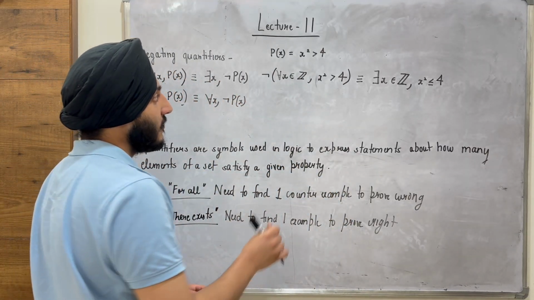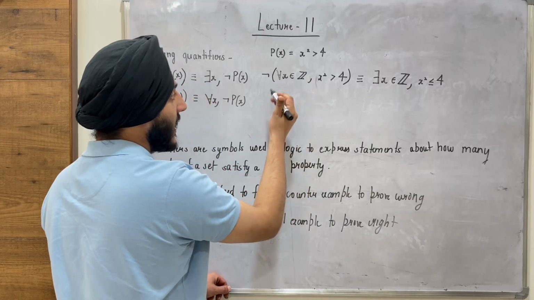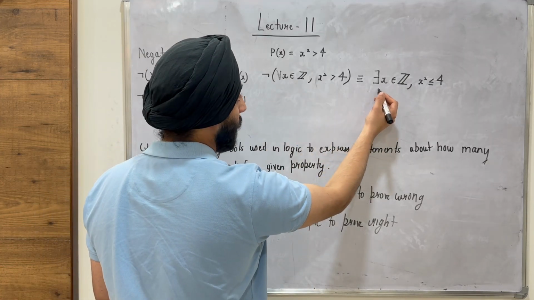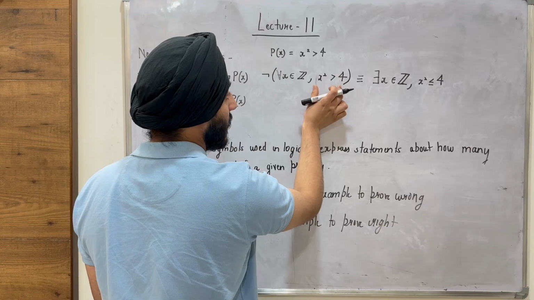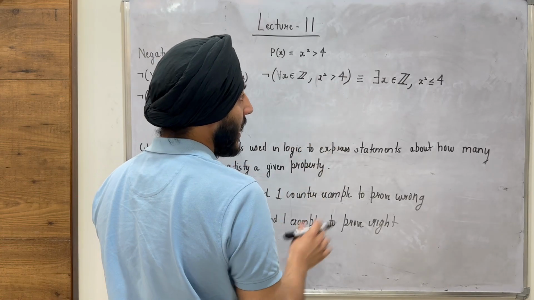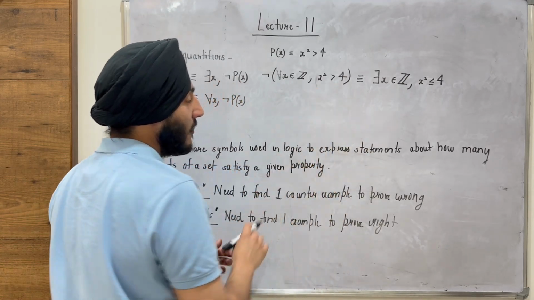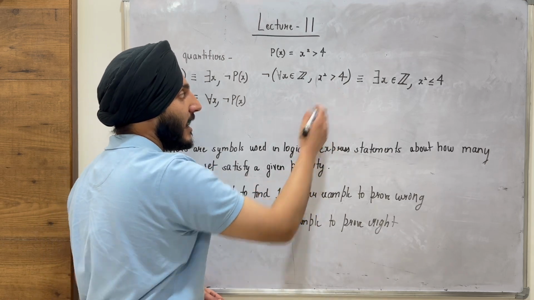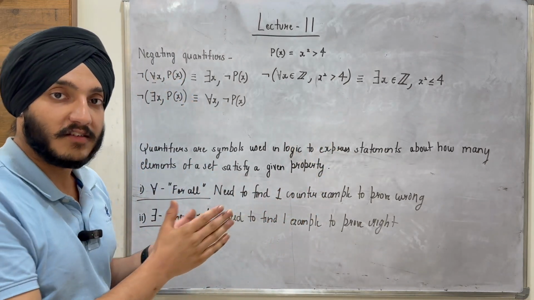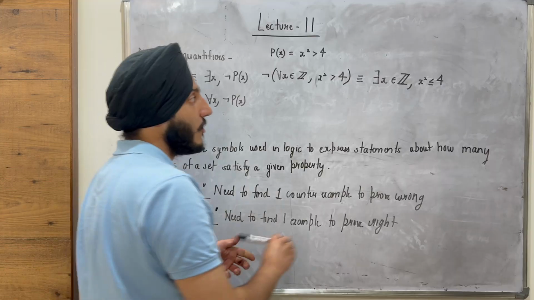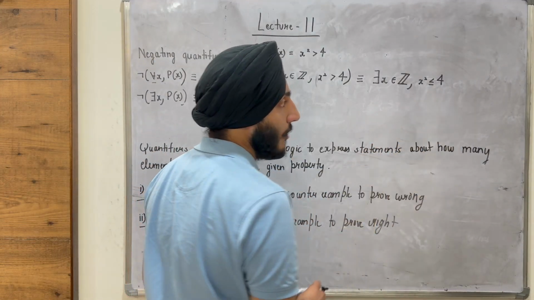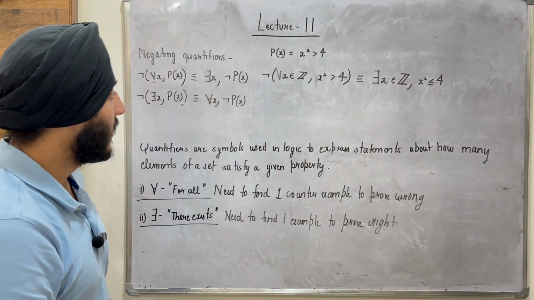So what happens is when I do the negation of this, I converted this symbol into the there exists one, and I also did the negation of this sentence. I hope you understand how I did the negation. In the actual predicate, I was saying x square is greater than 4. Its negation, meaning its opposite, is going to be x square is less than or equal to 4. So I hope you were able to understand it.